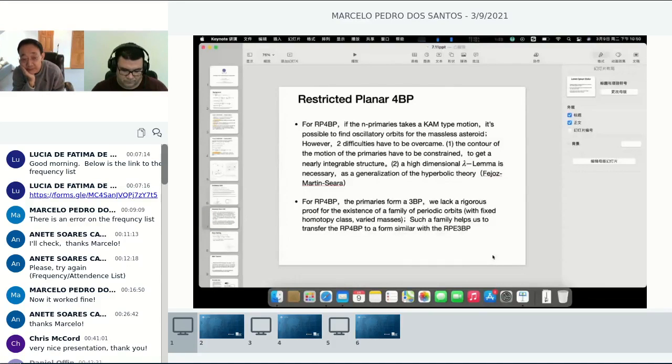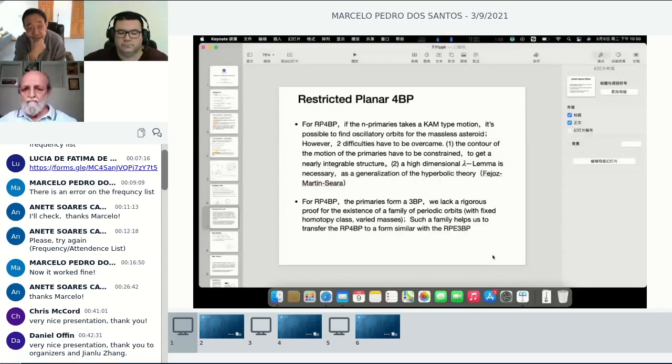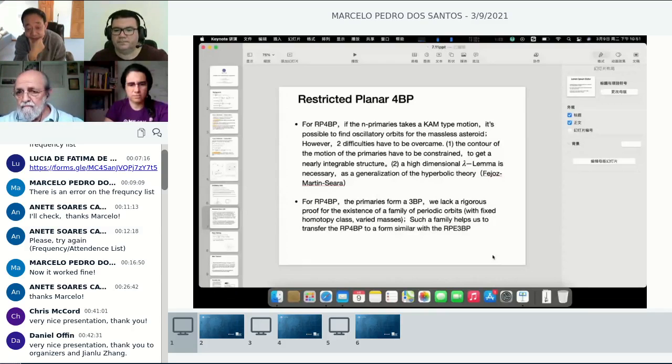Yes, that's a good question. So basically, the reason we consider the four-body problem is that a straightforward method is to indeed consider the restricted n plus one body problem. So the primary is the n-body problem. Apparently, there is a bunch of KAM orbits for the primaries.